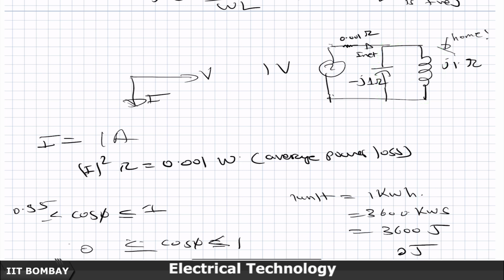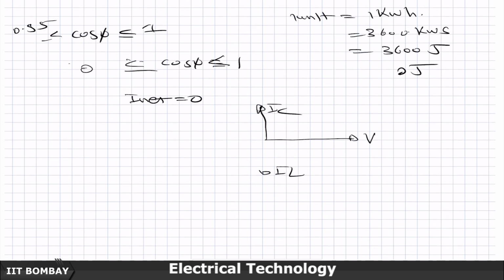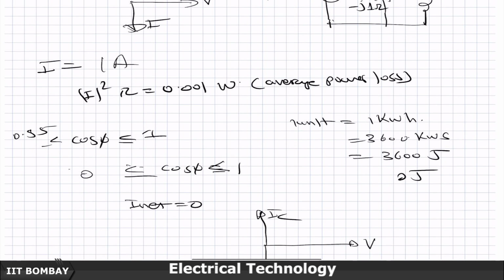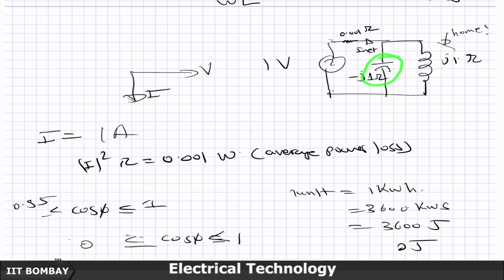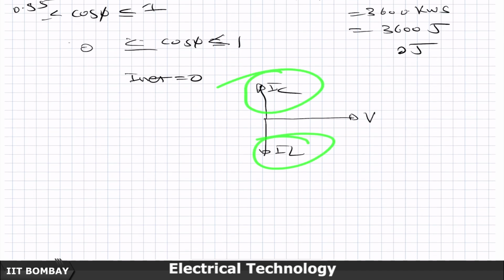Currents are going to flow. This is actually going to draw this particular value of current, and this, because this is also energized to the supply, is indeed going to draw this particular value of current.